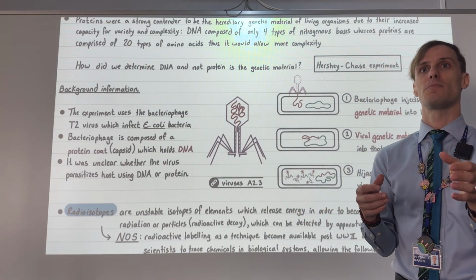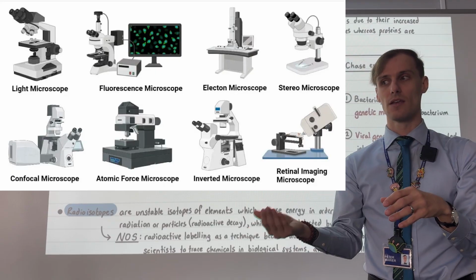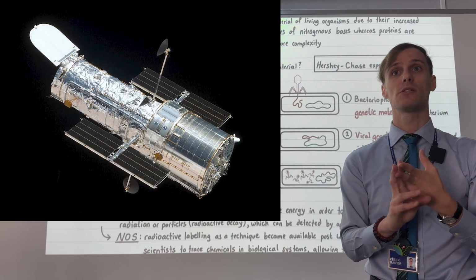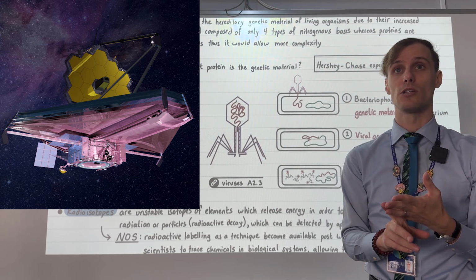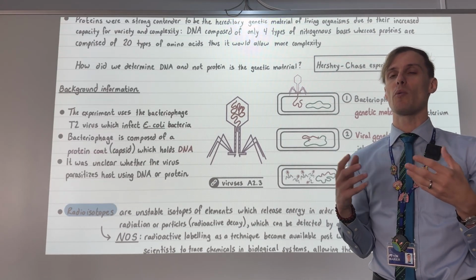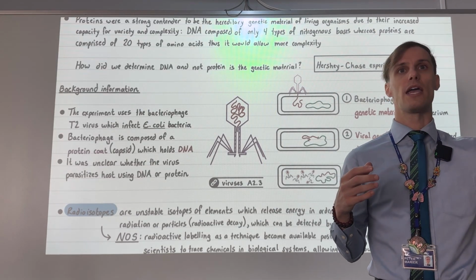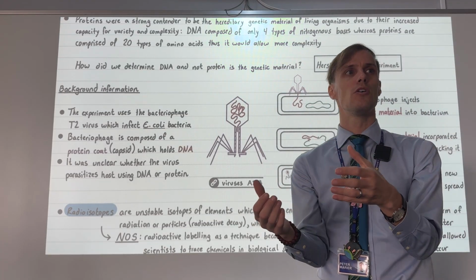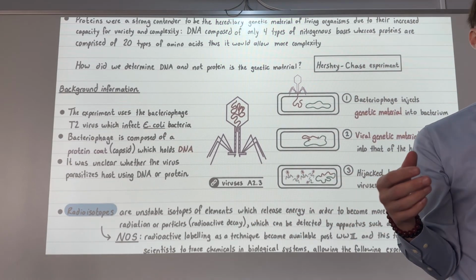Consider everything that we've learned about cells after the microscope was invented. Consider all the things we've learned about space when we use the Hubble telescope or the James Webb telescope. Consider what we've learned about particle physics through the Hadron Collider, right? Anytime there's a breakthrough in technology, there's usually a breakthrough in scientific understanding.